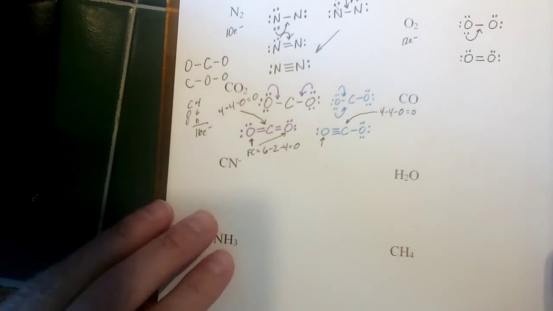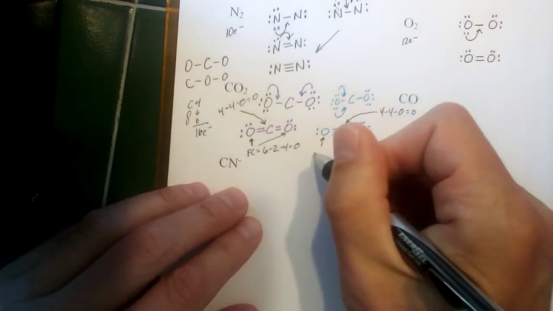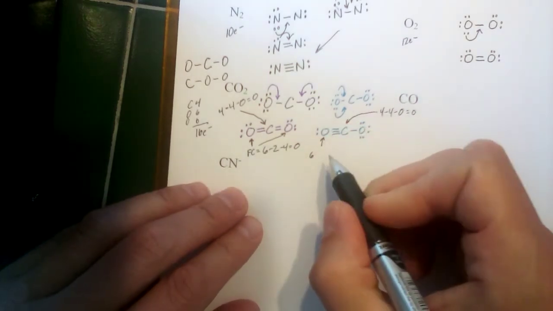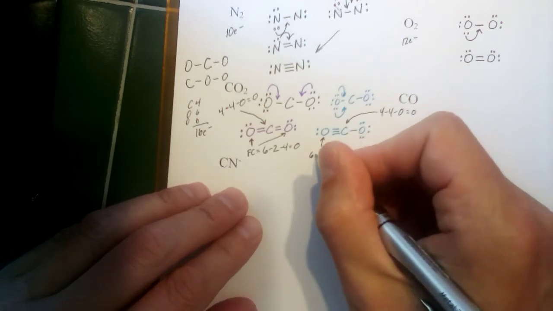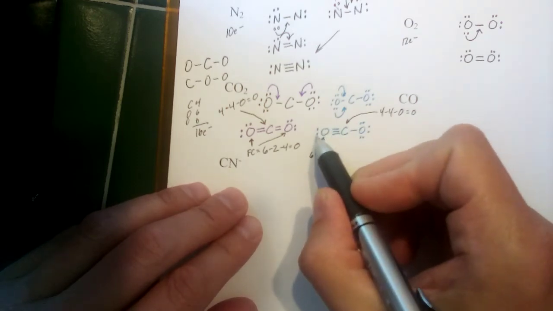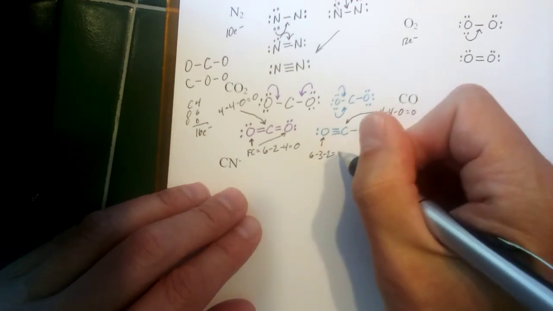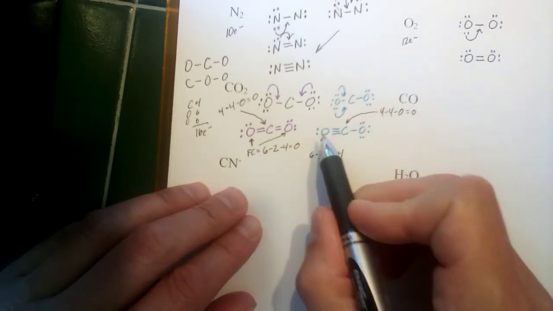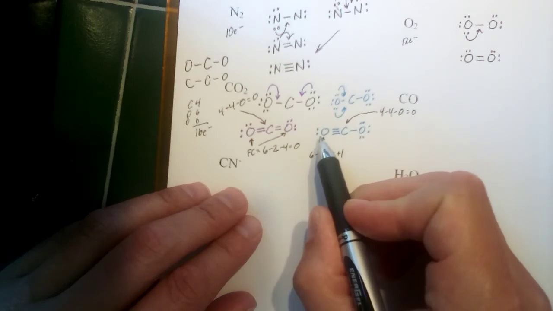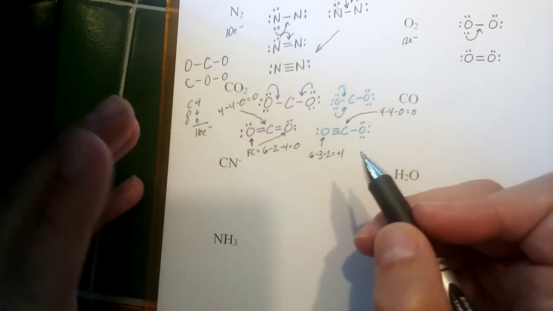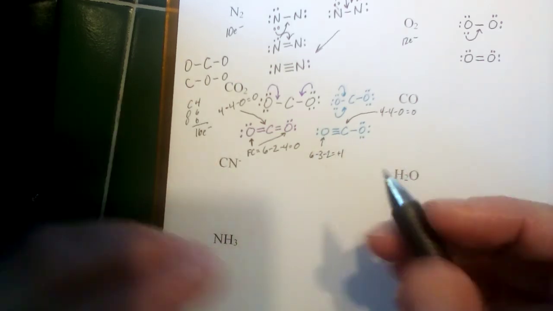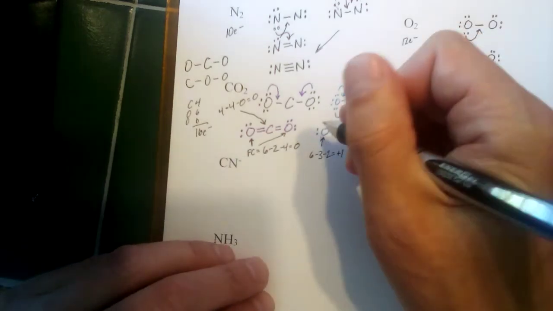This oxygen on the right of the structure: oxygen starts with 6 valence electrons. In this structure, we drew 3 bonds to the oxygen, and there are 2 non-bonding electrons. 6 minus 3 minus 2 is +1. There's a +1 formal charge on that oxygen. That's not as good as a 0 formal charge. It might be possible, but it's not good.